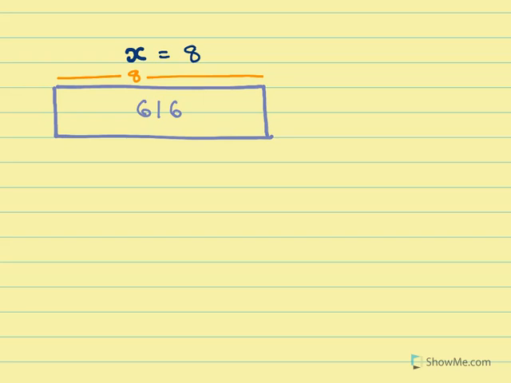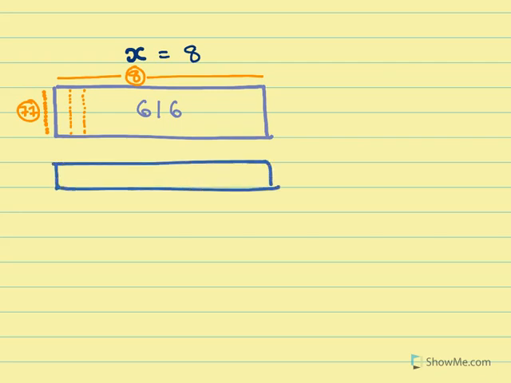Therefore there will be 77 soldiers in each row, because 77 into 8 will be 616.